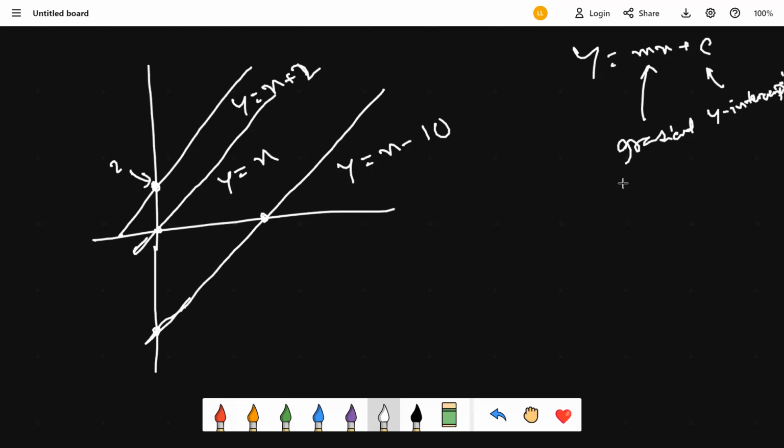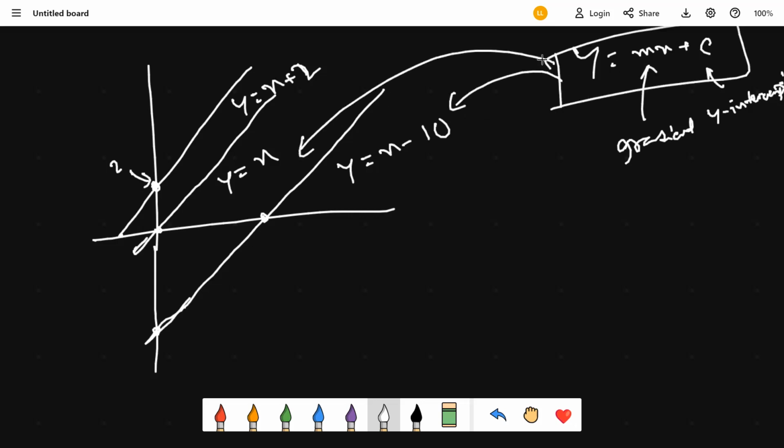That means the slope value, the rate of change of y with respect to x. So we simply have to find that m value. Now compare this equation with each individual equation, like when equating coefficients. Here we have y equals x plus 2, one of the equations. Another one is y equals x, and there should be a c.